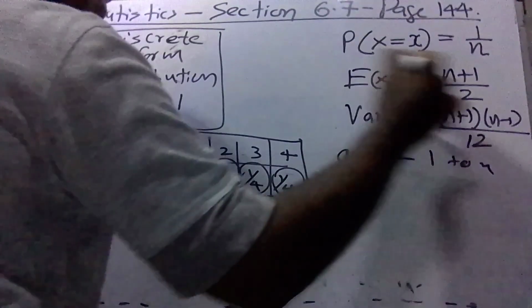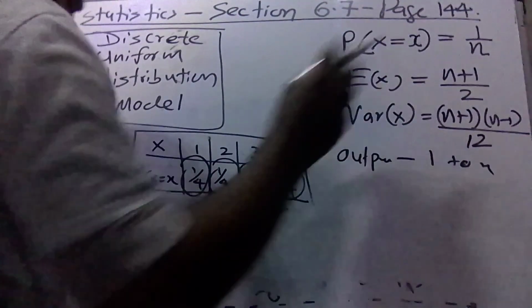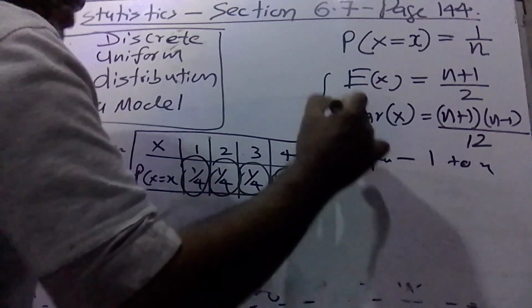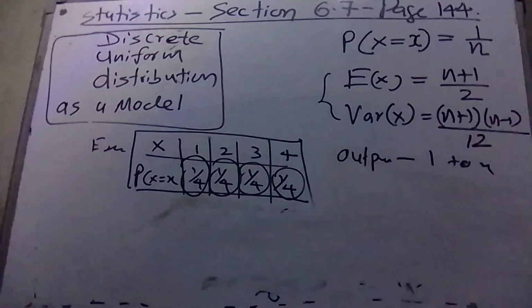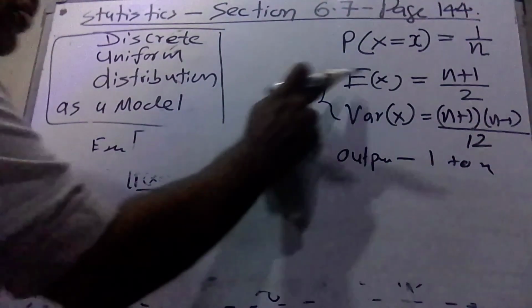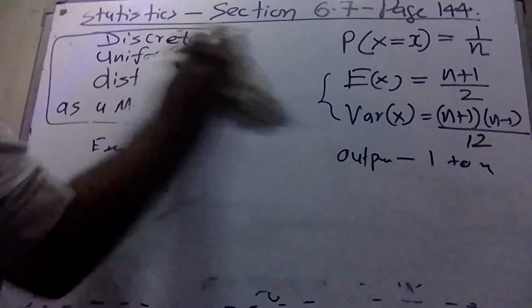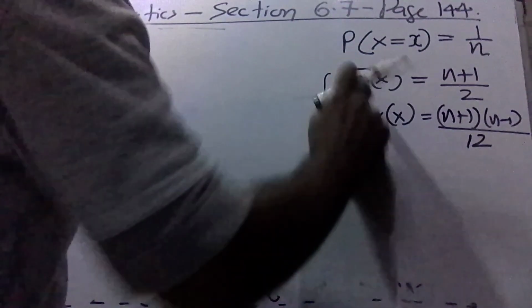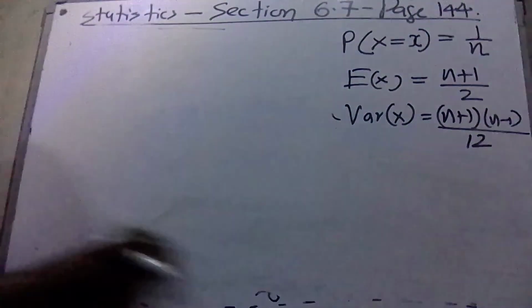So if there are n outcomes, the probability of each outcome is 1 over n, and these two we only have to explain, but the proof is not required. I will give a little explanation so you will get comfortable with that, and as a hobby you can try to prove this and this one a little later.